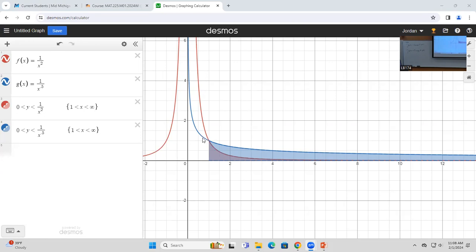Because if you think about the area from 0 to 1 under 1 over x to the 0.5, and then you think about the area from 1 to infinity of 1 over x squared, you'll notice that these spaces up here are going to match these spaces down here.